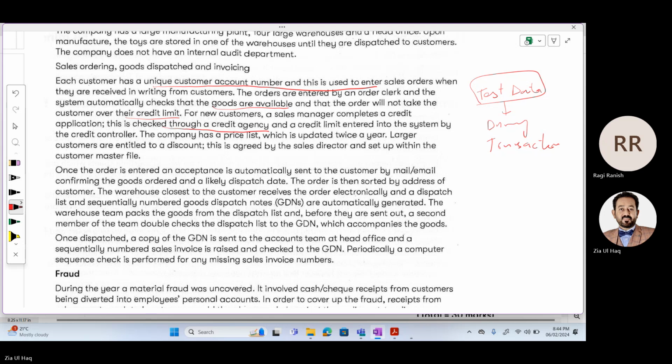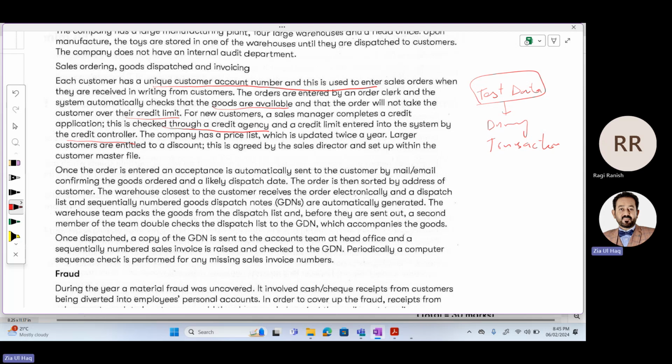And second, who is setting the credit limit? The credit controller, not a lower level person. So what could be the test of control? Whether the credit controller has set the credit limit. How can we check that?